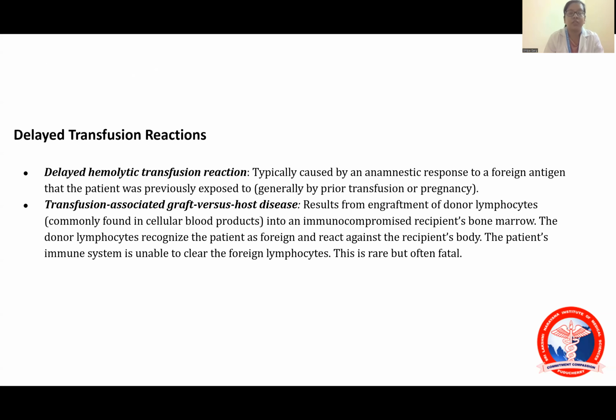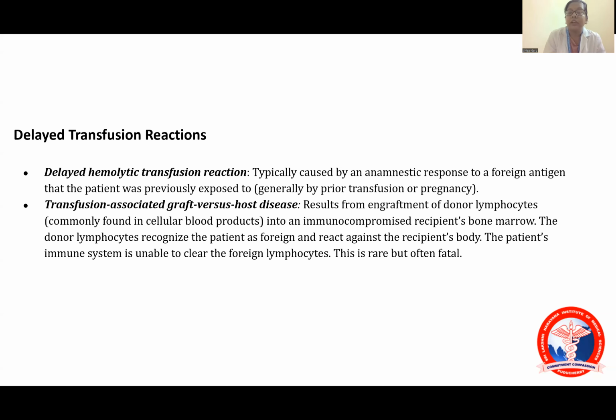Delayed transfusion reactions. Delayed hemolytic transfusion reactions are typically caused by an anamnestic response to a foreign antigen that the patient was previously exposed to, generally by prior transfusion in the past, or because of pregnancy. The next delayed reaction is transfusion-associated graft versus host disease, GVHD.